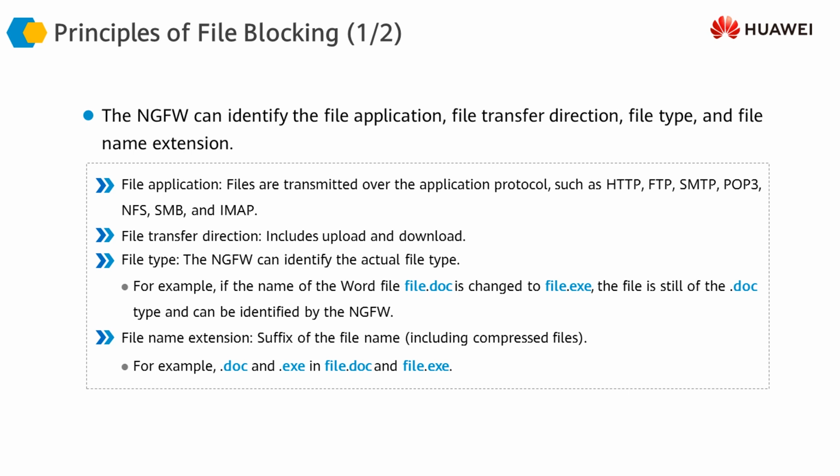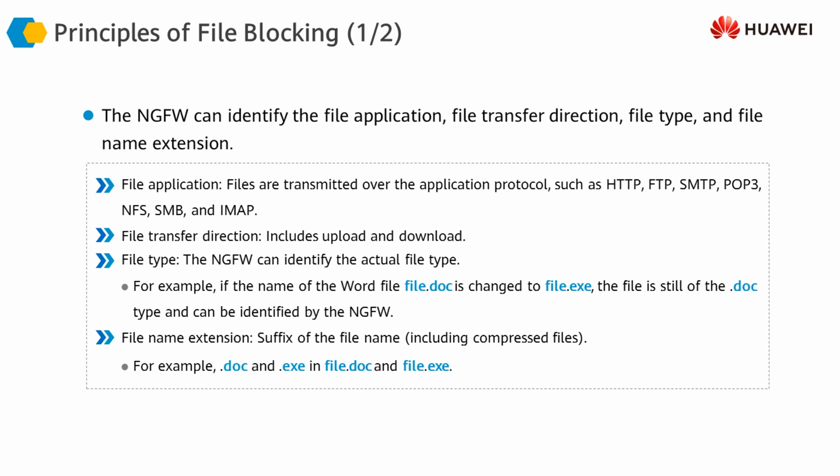So based on the extension of the files, all the files that have that specific extension will be checked for file blocking. And if any of them, after checking, meet our specific criteria, we can take appropriate action. That is, in most cases, we could either block the file, or we could alert, generate an alarm or a log.